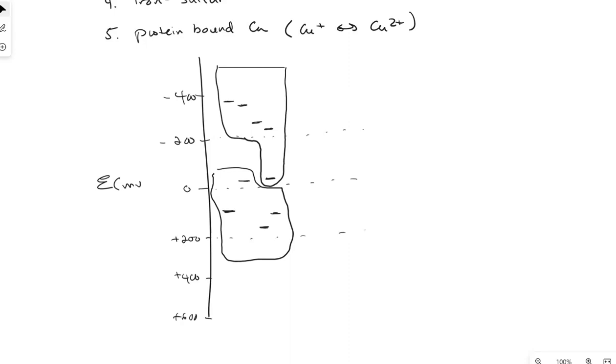And this is all ballpark. And then there's ubiquinone. Ubiquinone lies around here. So this is our complex 1, this is our complex 2. We have ubiquinone, which is going to be transferring electrons between 1 and 2 to complex 3.